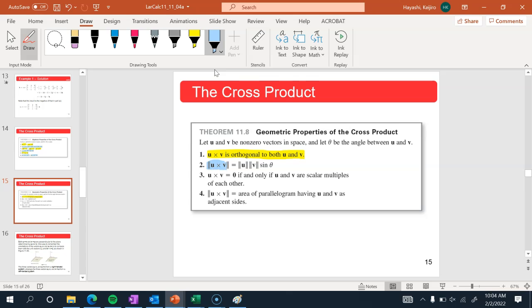The magnitude of u cross v is equal to the magnitude of u times the magnitude of v times the sine of the angle between the two vectors. I'm sure that there is a nice mathematical explanation for why this is, but even if I knew it, I'm not sure that it'd be relevant.